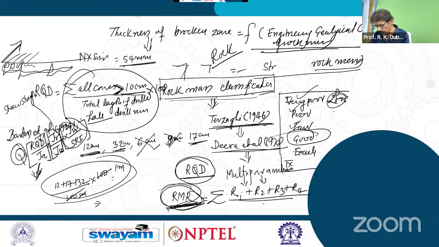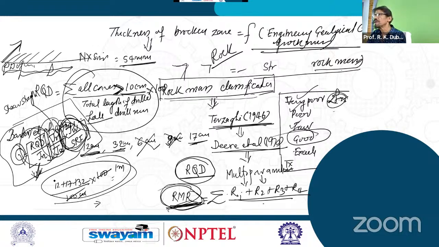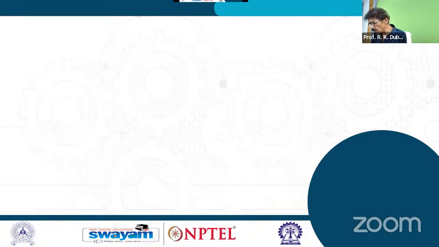And third, about the condition: whether the ground is located in a watery region, under high in situ stress or tectonic stress, or in dry condition or partially saturated condition, etc. So about the surrounding, about the strength, and about the nature, this Q system is able to suggest the quality of ground.